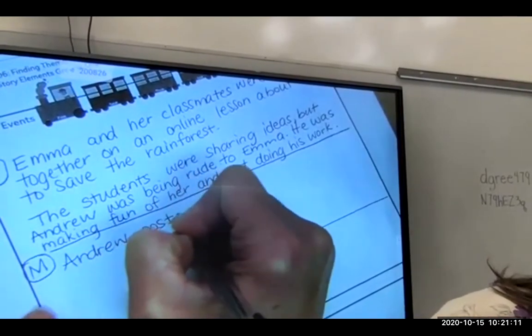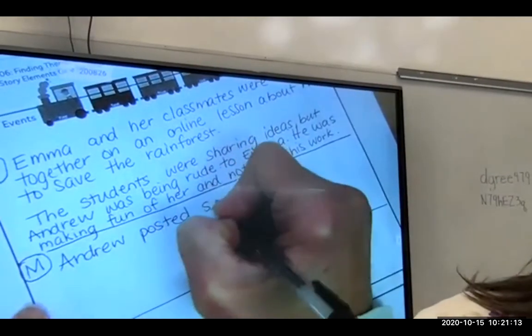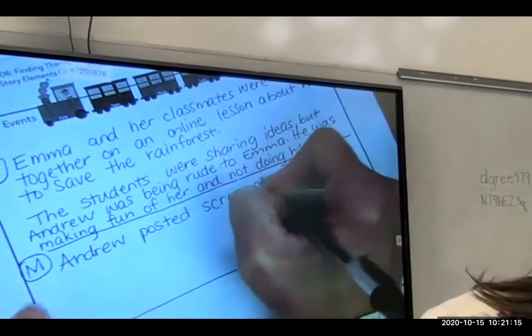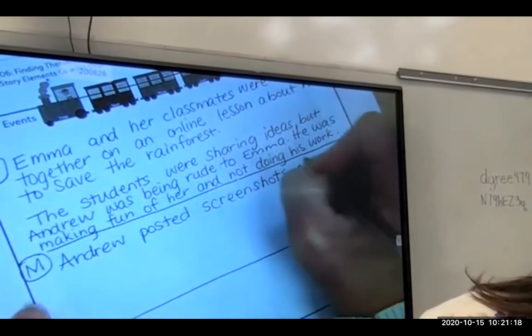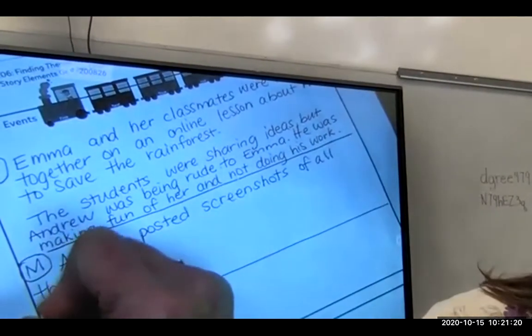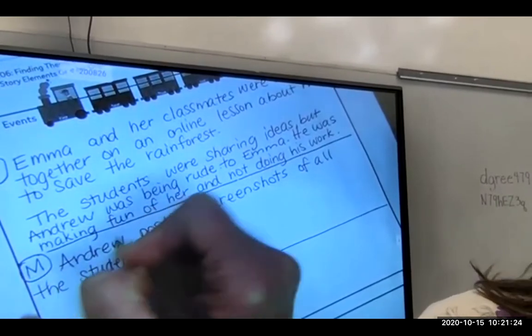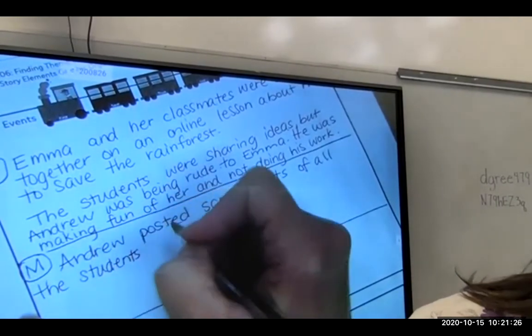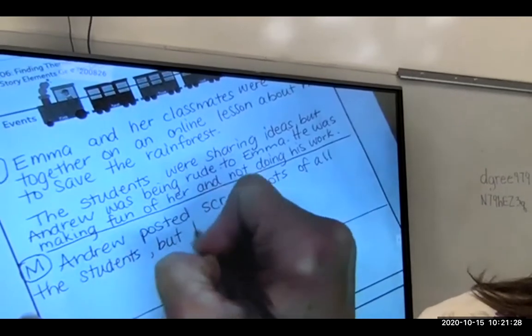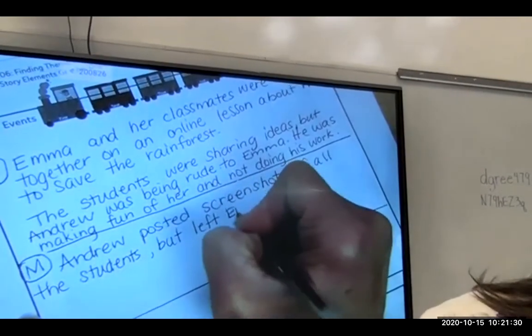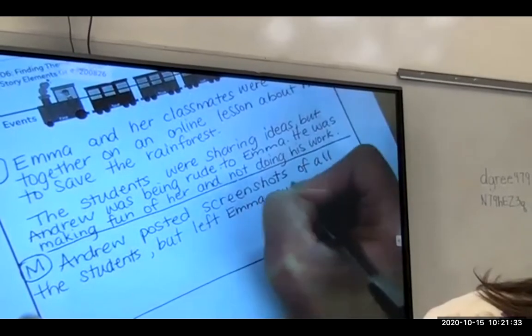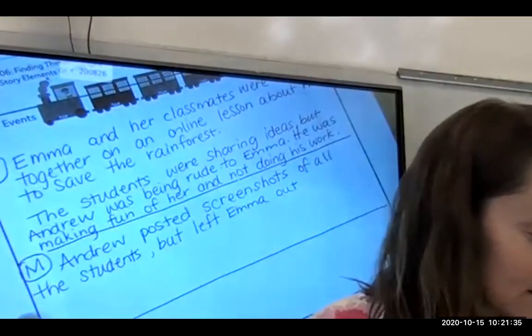posted screenshots of all the students, but left Emma out. Oh, he purposely left her out, didn't he?